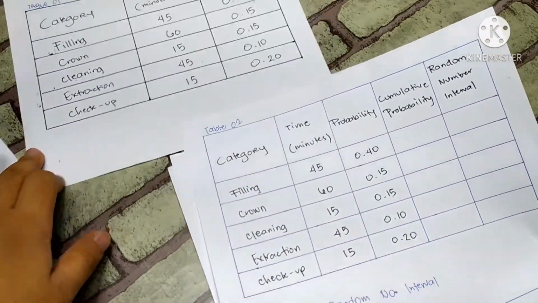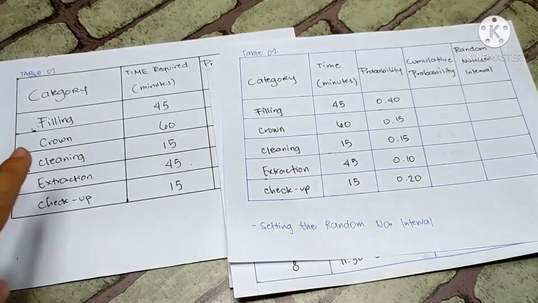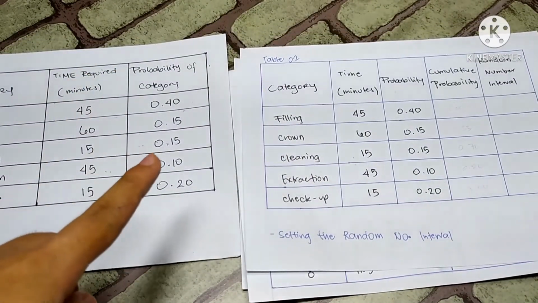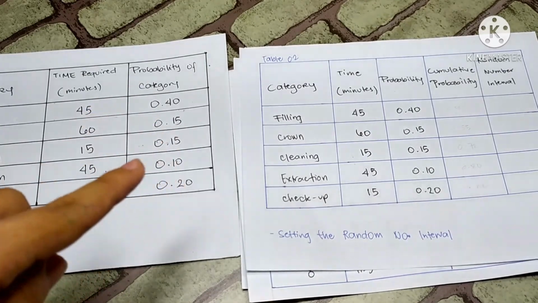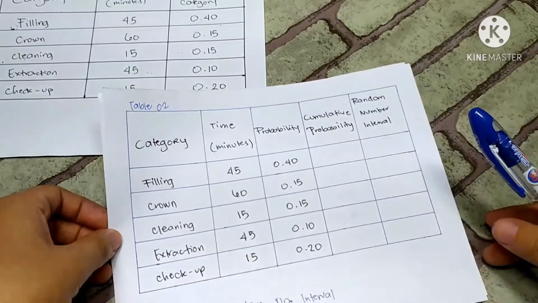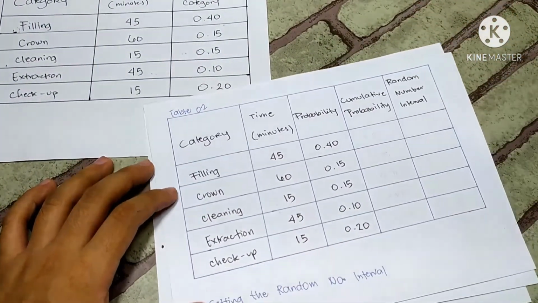Dito, time required or minutes: 45 minutes, 60 minutes, 15 minutes, 45 minutes, and the probability: 40, 15, 15, 10, and 20. Para ma-compute ang cumulative probability, first, isulat muna natin dito yung 0.40.